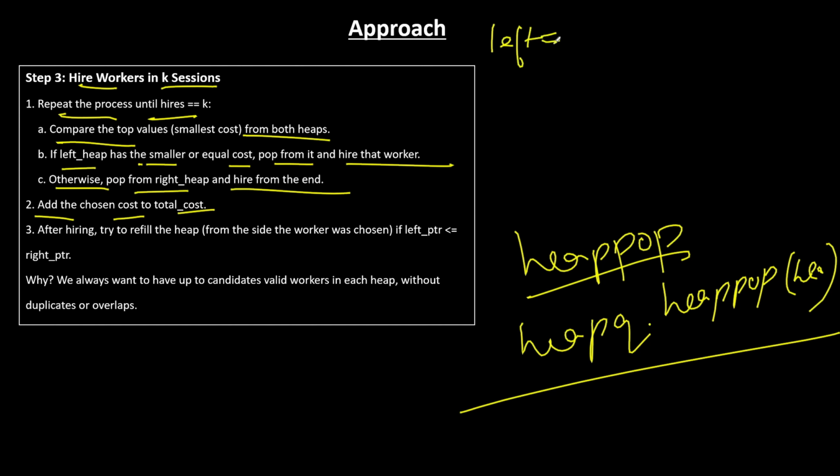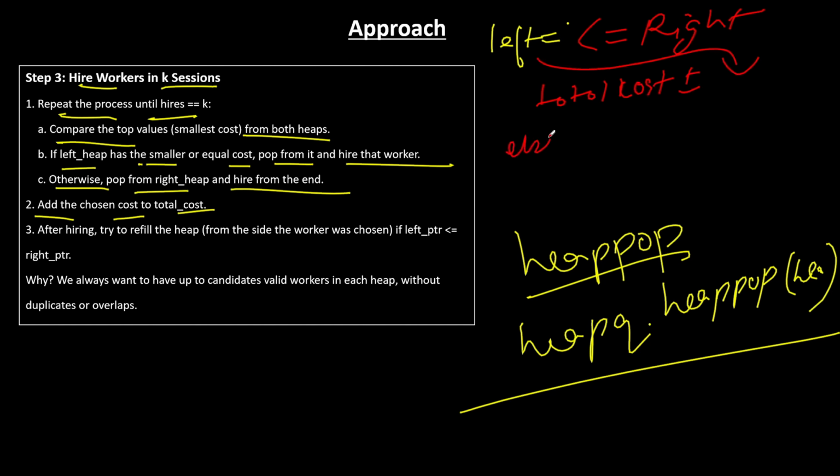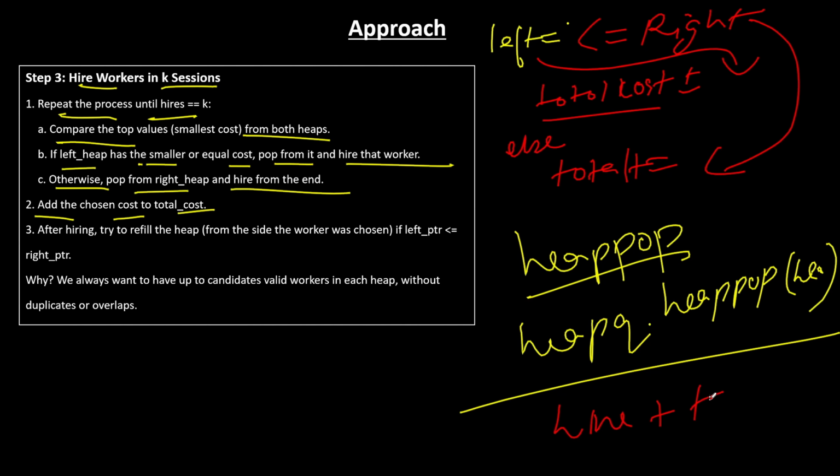If it is true, then I will add that particular value to the total cost. Otherwise, in the else case, I will add the right value to the total cost. So this way we add the values, and after that we increment hires plus plus.